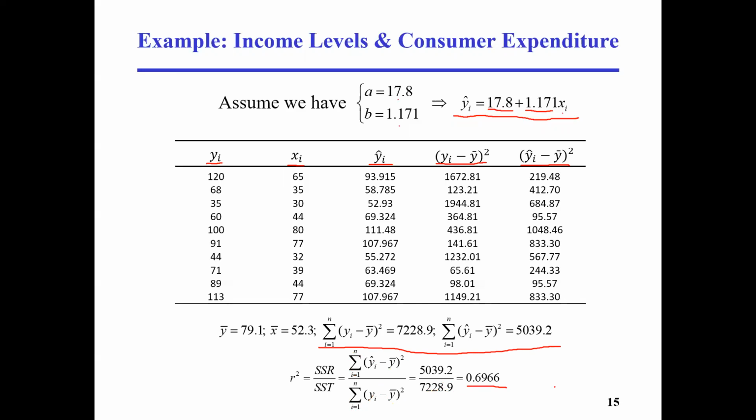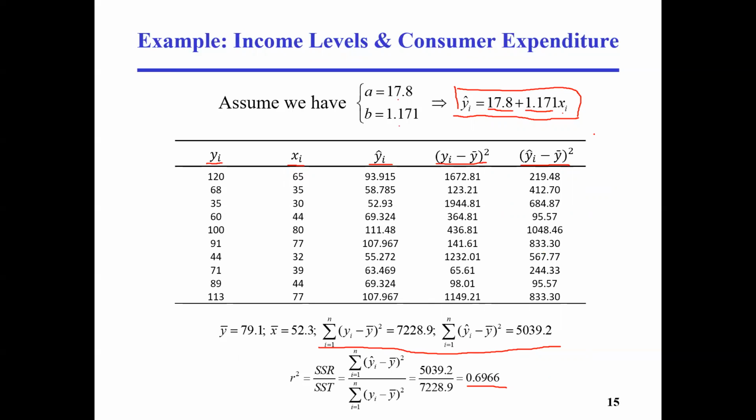So it means that 69.66% of the variability of y can be explained by this model. I would say it's good. It's not very high. It's not 0.8 or even 0.9, but it's very close to 0.7, which usually is a pretty good performance for linear regression.